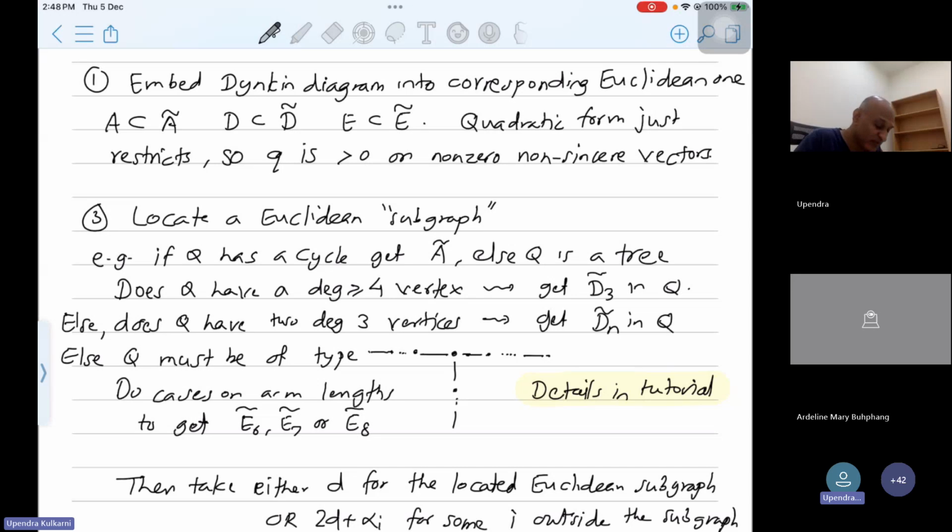If I have one vertex of degree 3, then I have this kind of central vertex and 3 spokes kind of diagram. Then I see how many edges there are on each side. If all sides have at least two edges coming out of it, then that's an E6 tilde. Otherwise, at least one of them has exactly one edge going out. And then I go and take E7 tilde and E8 tilde. It's a matter of some details.